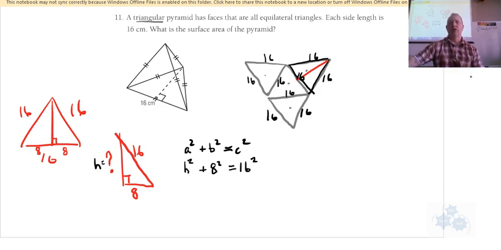So please don't just add up the squares of the two numbers you're given all the time. You have to take a look at the diagram and say, hey, I'm actually given the hypotenuse here, which I wasn't in the other question, so don't get tripped up there. Now, in order to get h by itself, we have to subtract 8 squared from both sides, don't we?